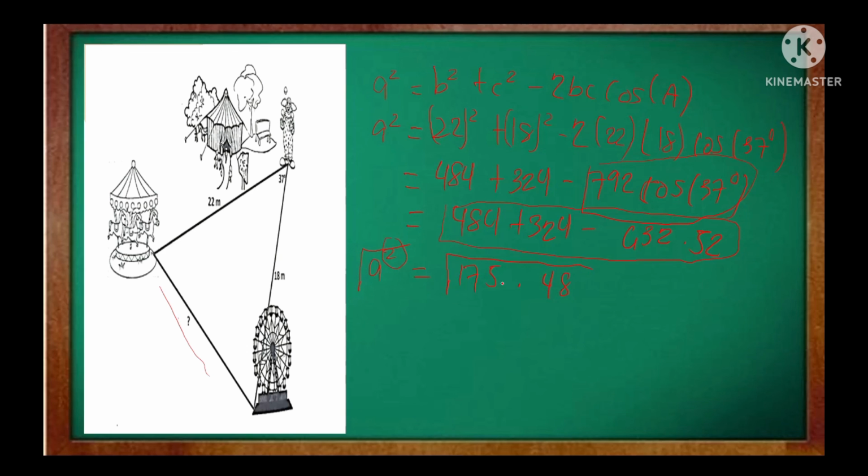So, our A here is equal to the square root of 175.48. Yung square root ng 175.48 is equal to 13.25. So, this is how we find the side or the distance of the carousel to the Ferris wheel.